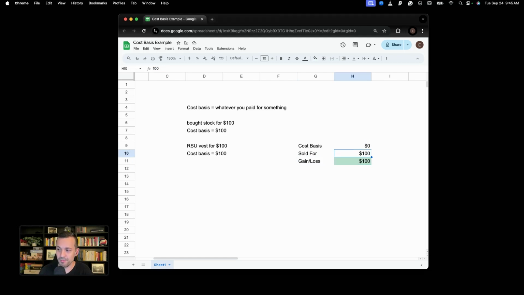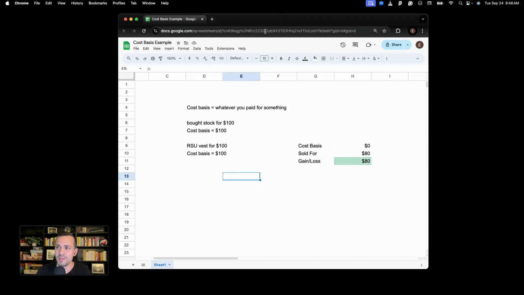Same thing goes for $80. Even if it vested at $100, it should have been a loss of $20. But if our cost basis on the tax forms is showing a zero, it's actually going to show up as a gain. So this is a big issue, and believe it or not, it just happens all the time and kind of by default. So I'm going to pause there. We'll get into other topics, but this is the explanation of cost basis.